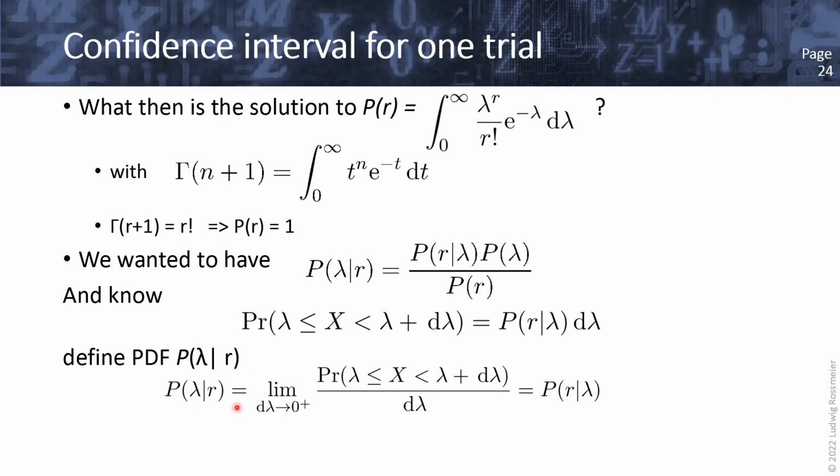And this continuous distribution is defined by the limit of that probability divided by d lambda, and the limit has to go to infinite small lambda. That means if I use that equation and divide by d lambda, I get almost this one, and the remaining term is P of r given lambda.